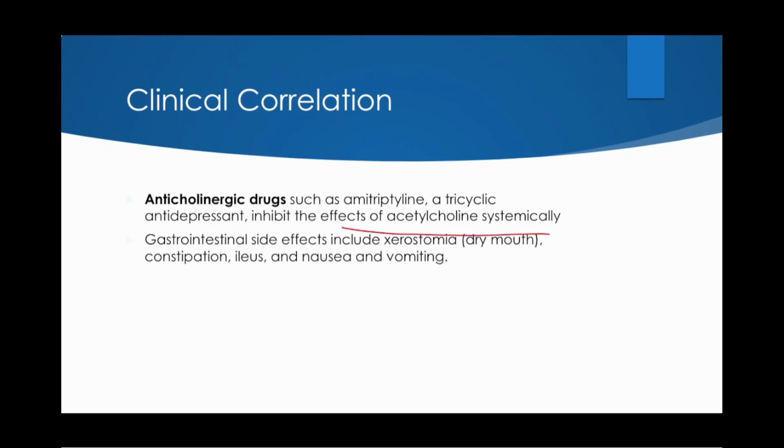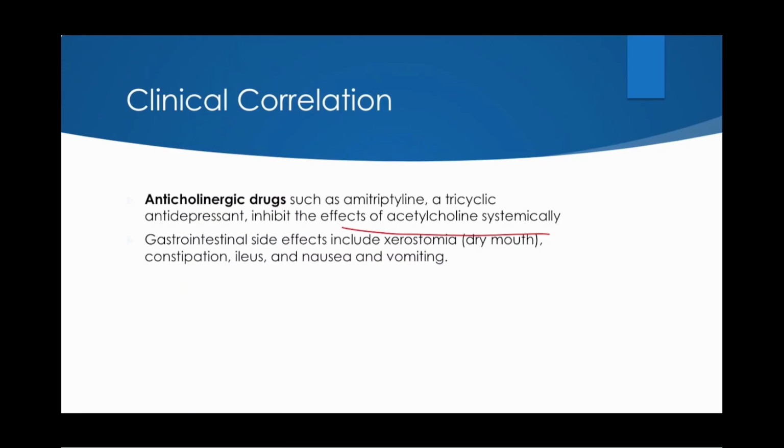So, GI side effects for an anticholinergic drug: dry mouth. Why? What does acetylcholine do in the GI system? Secretions, fluids and mucus, serous solutions, saliva. If you don't have that, you get dry mouth because you're not producing the secretions, because acetylcholine is not working. Constipation, same reason.